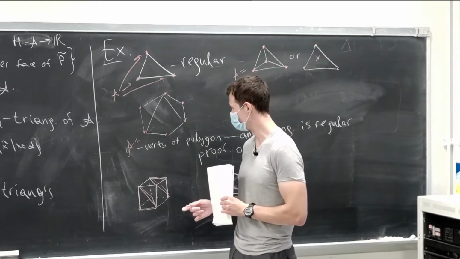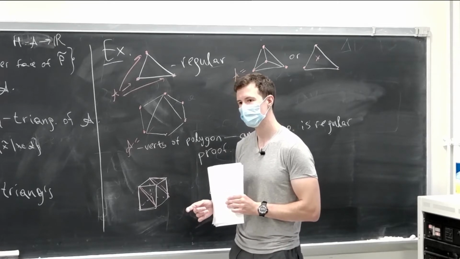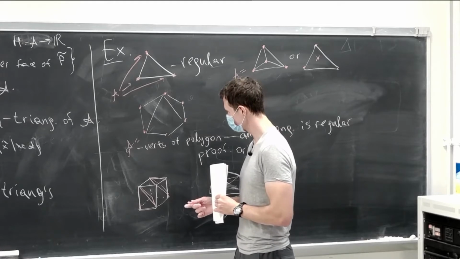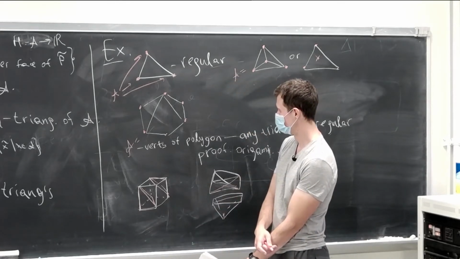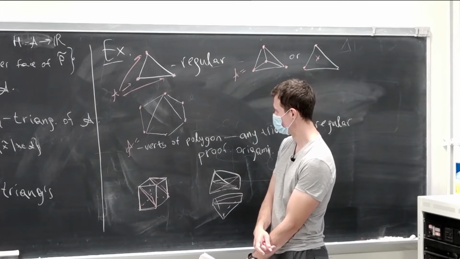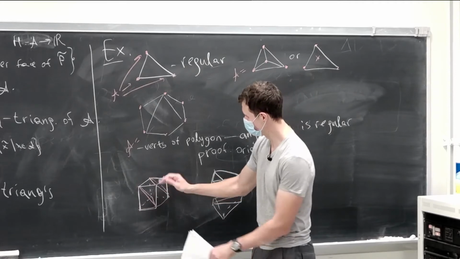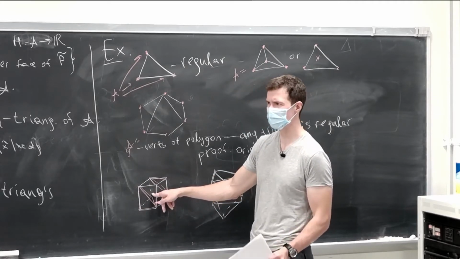A skewed octahedron. What is a skewed octahedron? If I remove these two simplices, then I get an octahedron, right? And then it doesn't have this many triangulations.